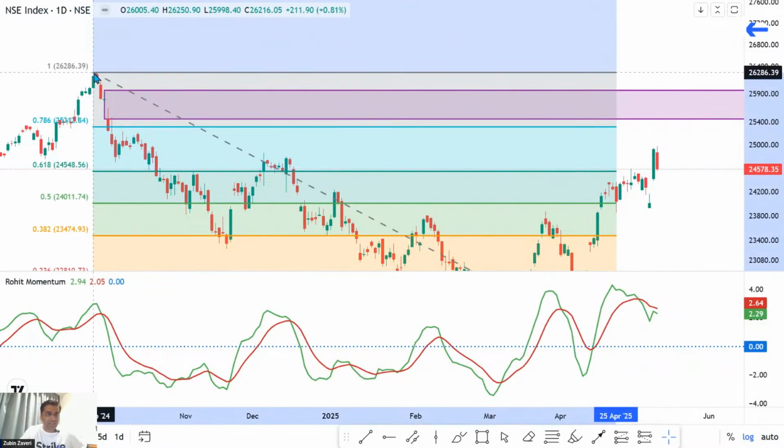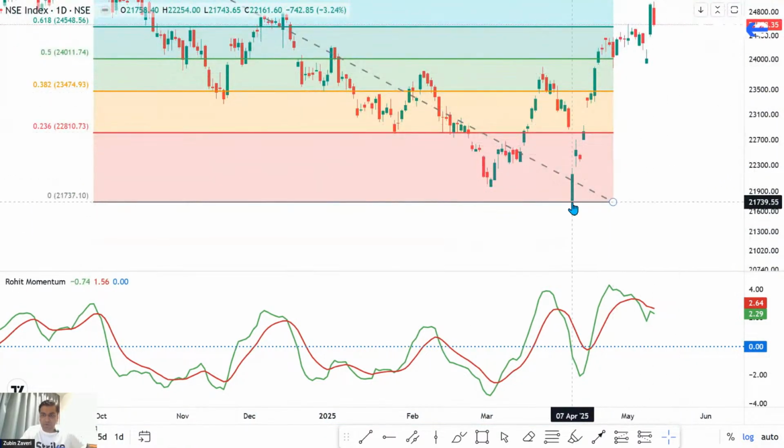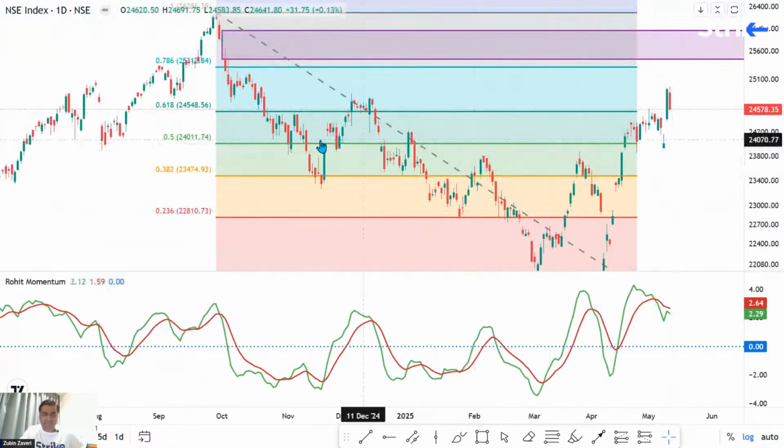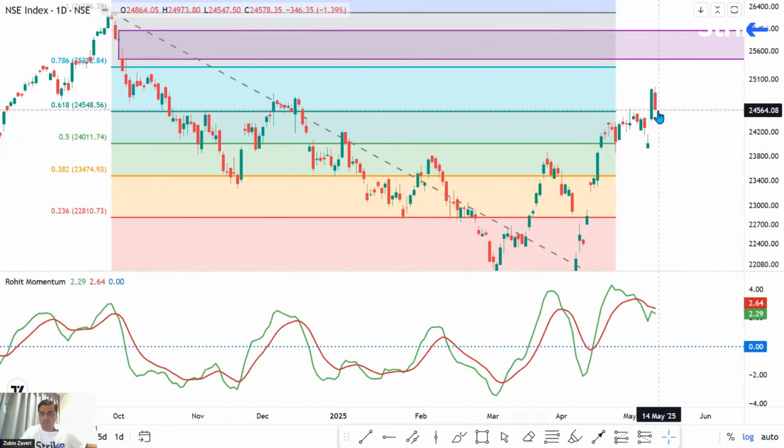We have taken this particular high and this particular low, and there is a 61.8% retracement which was acting as a resistance level till last week. It did react from this 61.8, and yesterday it broke above this particular level, creating a very strong bullish candle.